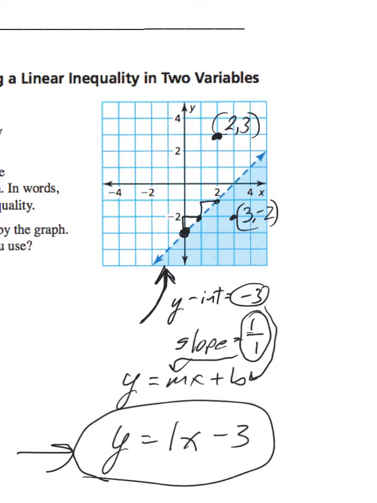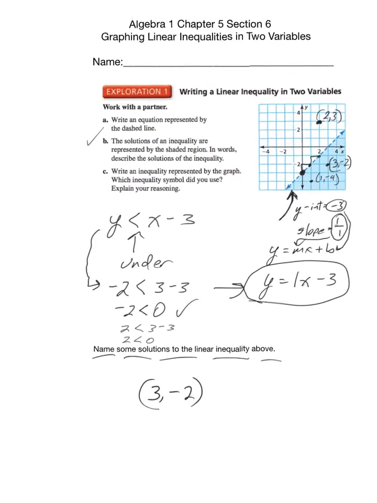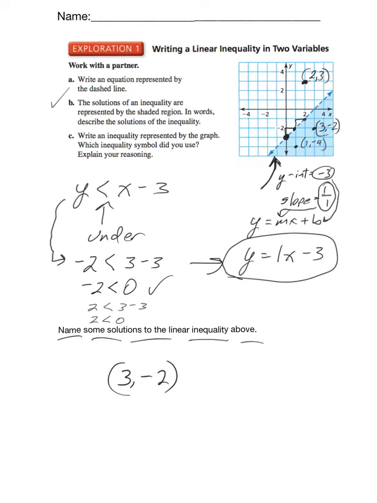For instance, 1, negative 4 is also a solution of the inequality. So the solution to the linear inequality is a whole region, an infinite number of points inside that shaded region. So again, 1, negative 4 would be another example of a point that's inside that area.